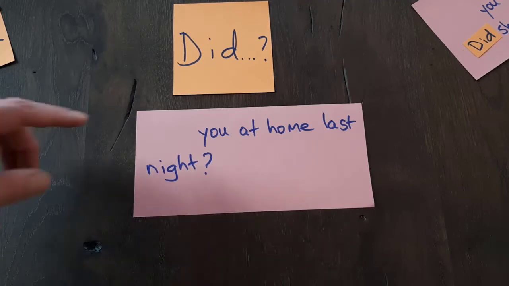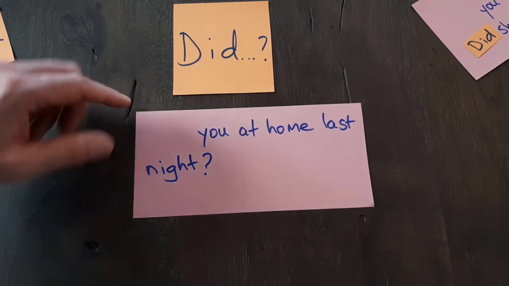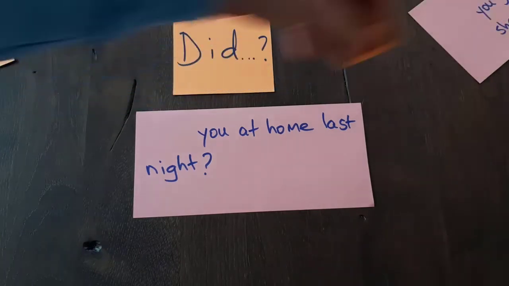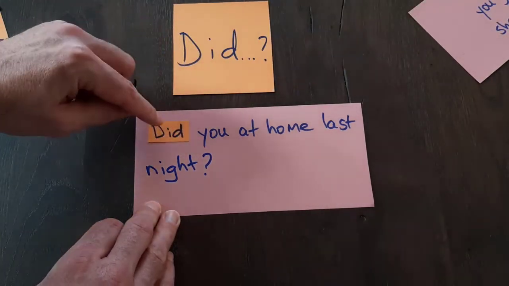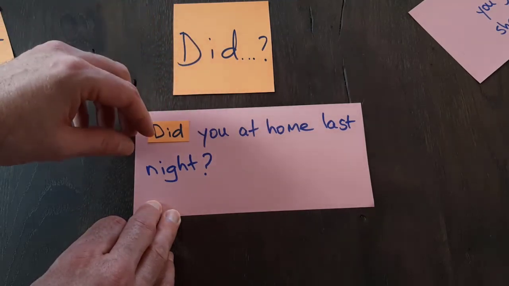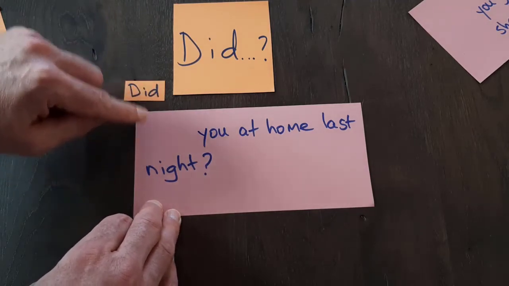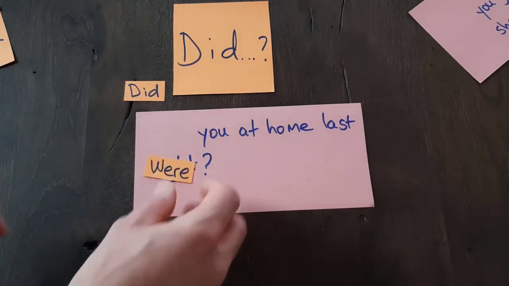So in this example, we have, for example, warst du gestern zu Hause? Warst du gestern Abend? Warst du letzte Nacht zu Hause? Entschuldigung. Now it's not, for example, did you were at home last night. You don't use the did when you've got was and were.